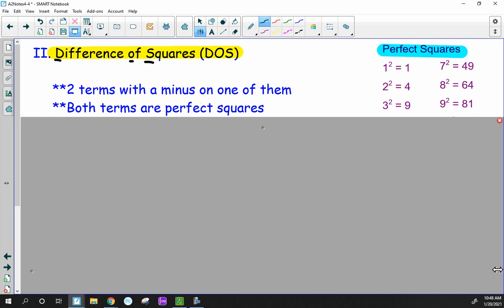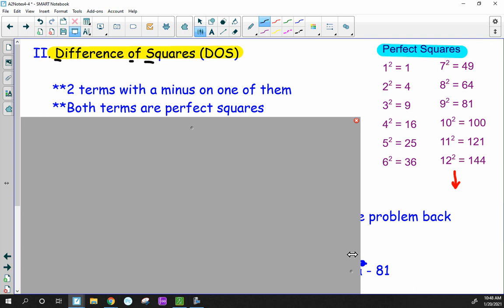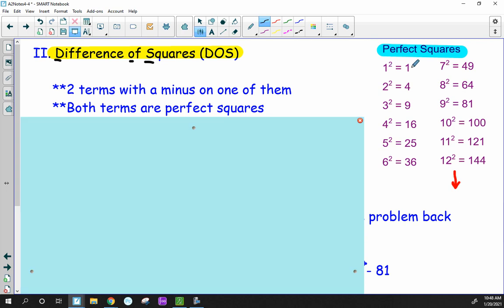Now, on the perfect squares, I need you to make a list in your notes. These are numbers that can be raised to the second power, and the answers to them are the numbers that you're going to be looking for in your problem set. I have typed up a list from 1 to the second all the way up to 12 to the second, and then drawn a little arrow here to indicate this list continues forever. It's just I found this to be a good stopping point.